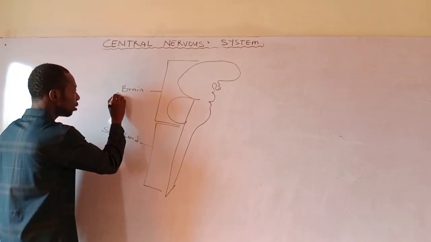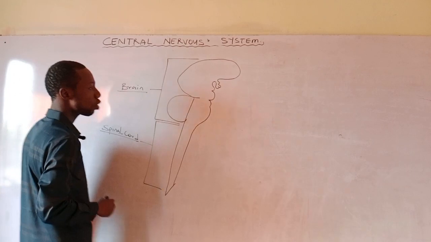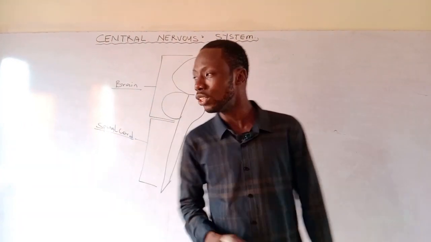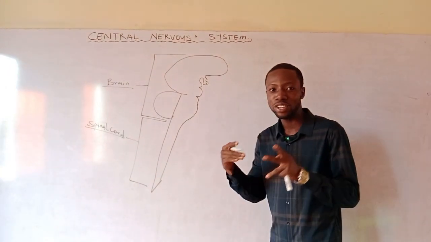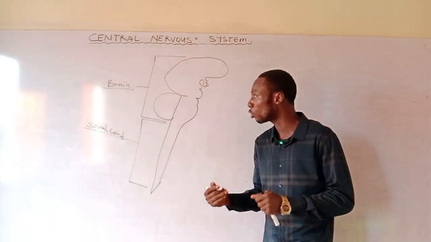The brain and the spinal cord. So we are going to look at the components of the brain and their structures. We relate the structures to function.